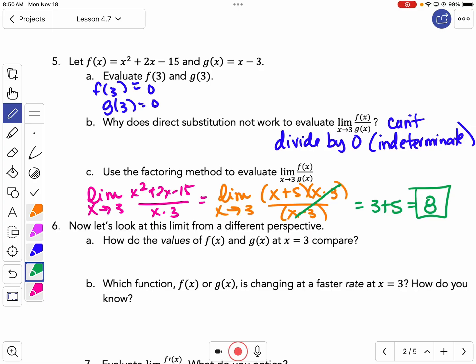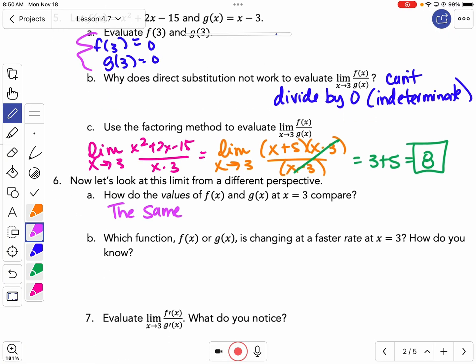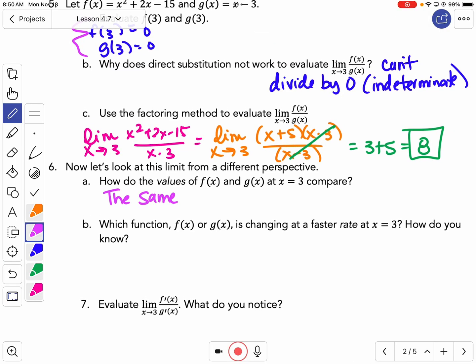Okay, but now on number 6, it asked me to look at it from a different perspective. Okay, and so it says, how do the values of f of x and g of x compare at x equals 3? Not a trick question. What did we notice? They're the same. Okay. So now it becomes which function, f of x or g of x, is changing at a faster rate at x equals 3.